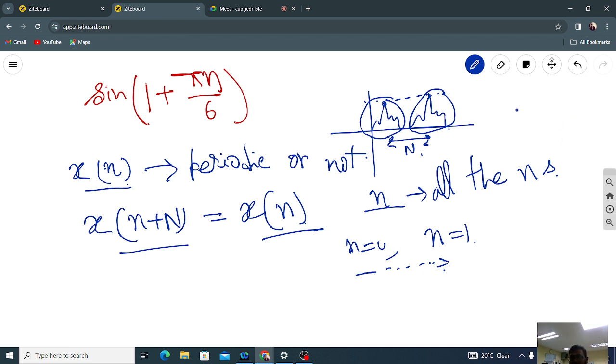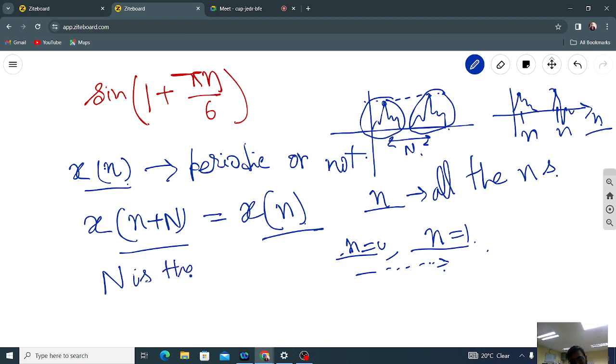Otherwise, suppose these two are the signals, and another signal is like this. At this particular point both the signals will have the same value, but that is for a particular small n. For that reason it should hold for all the n values, and at that moment we can say capital N is the period of the signal.